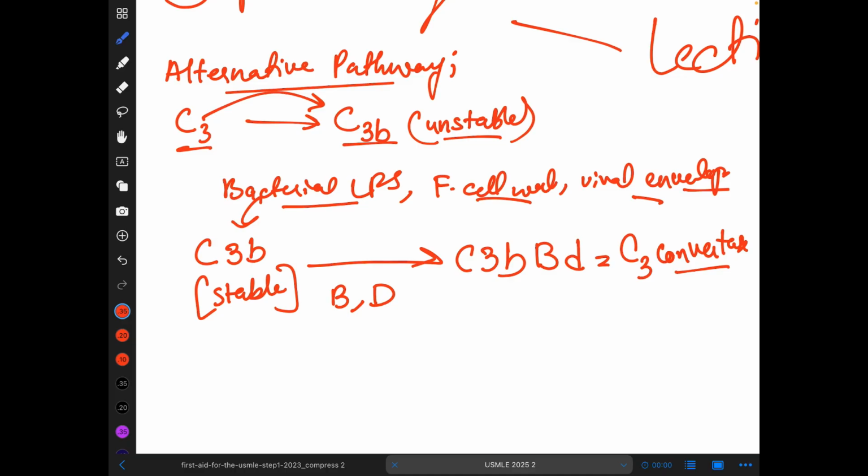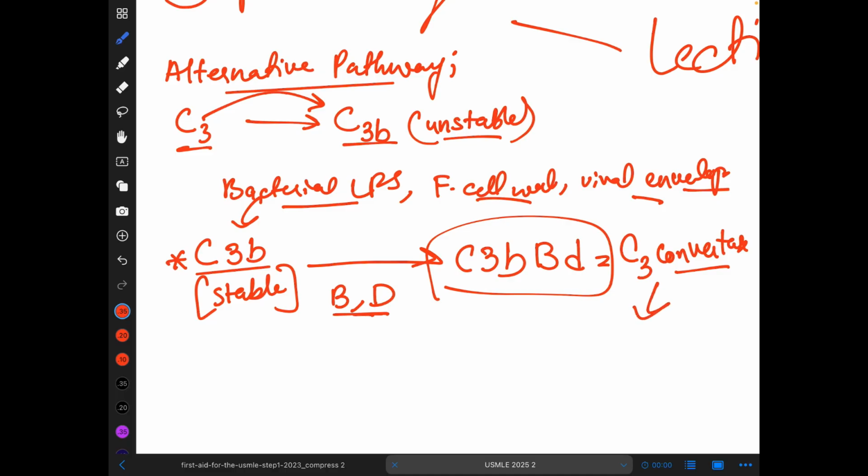C3 convertase, and this enzyme results in stable C3b giving more C3 to stable C3b. What is happening at one time? One C3b becomes stable by joining pathogen components, then it will bind with protein B and D, making the component C3bBb, which equals C3 convertase.